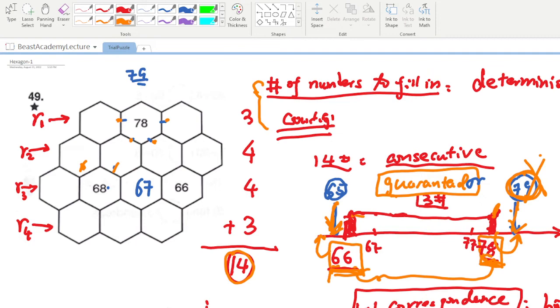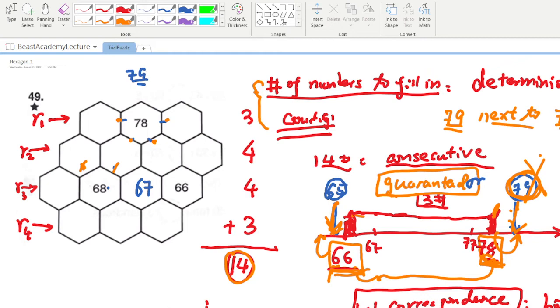Now, because we have to make a decision, either 65 or 79, the next step is to see whether 79 can be filled in.